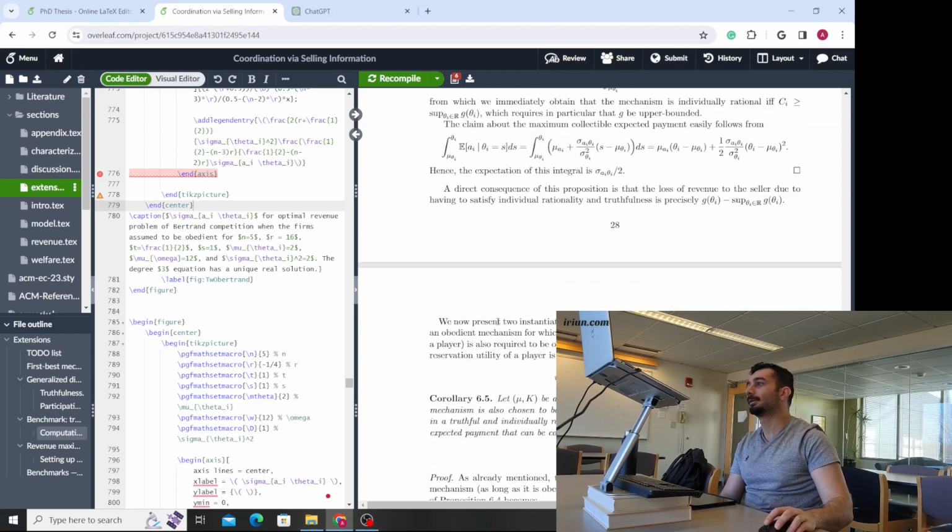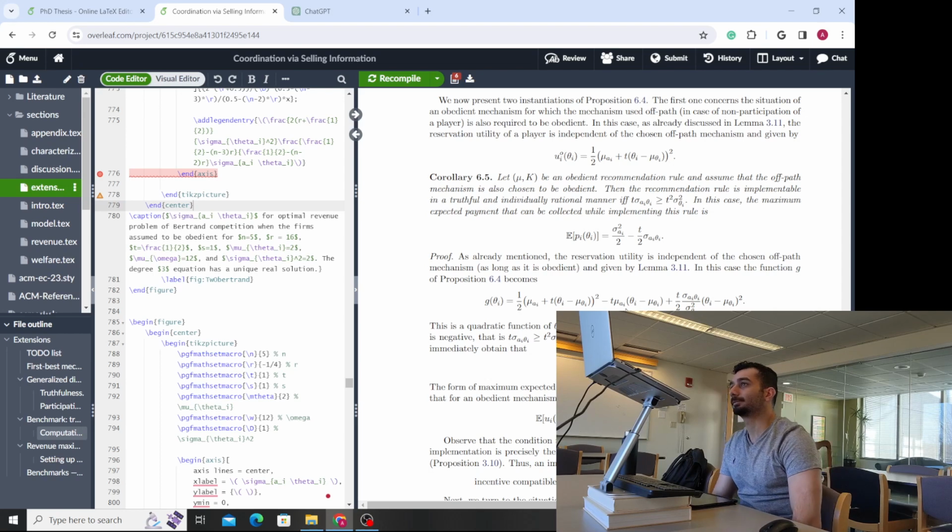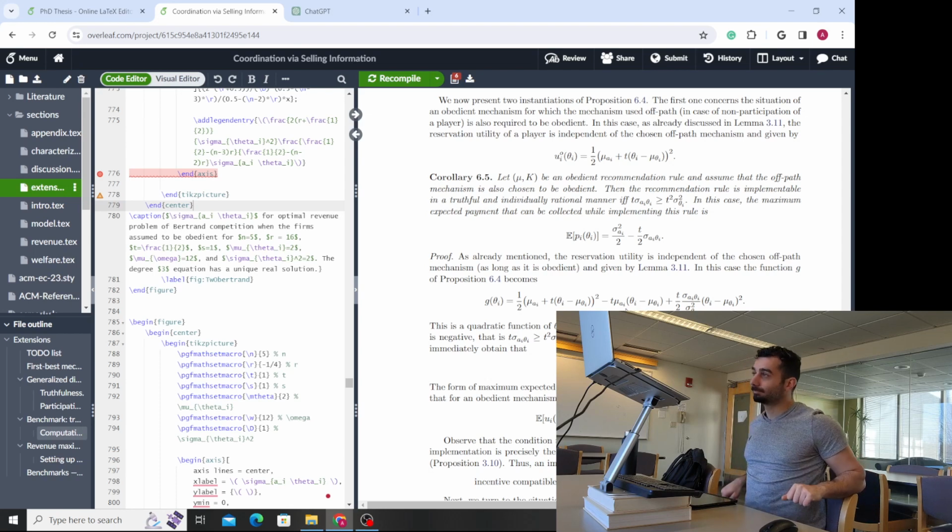Were we here? Yes. So we don't use this one as our off path mechanism, because it is assumed that players are obedient.